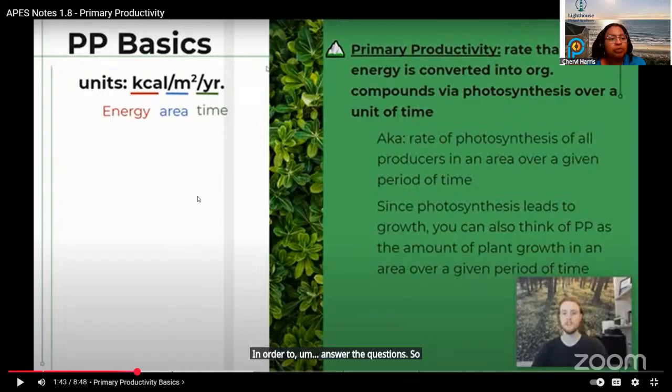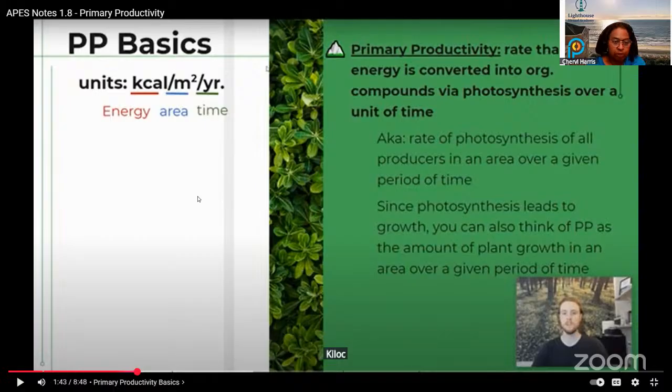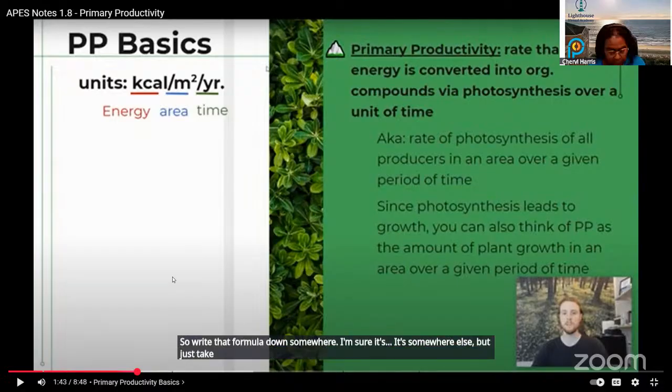This is for basic productivity, and they will give you information and ask you to calculate the basic productivity, and the answer will always be in kilocalories per meter square per year. So write that formula down somewhere. I'm sure it's somewhere else, but just take note of that.